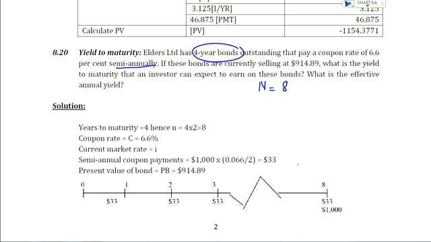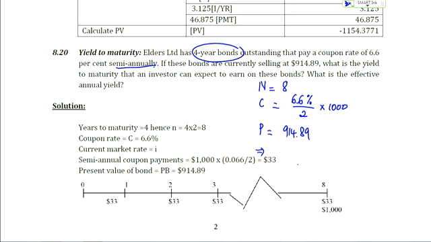And pay a coupon rate of 6.6%, it means that the coupon is 6.6% divided by 2 times 1,000. If these bonds are currently selling at 914.89, it means that the price is 914.89. What is the yield to maturity?